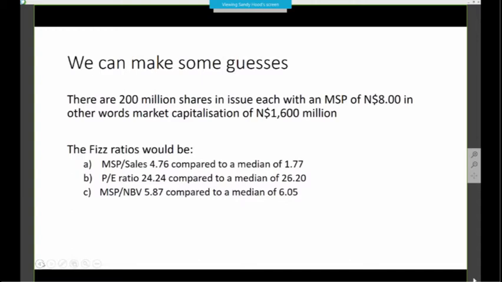market capitalisation within the soft drinks industry is running at about 1.8 times the value of the sales. That the market capitalisation is running at about 26 times the value of earnings, and that the market capitalisation is running at about 6 times the net book value of the assets in the company.